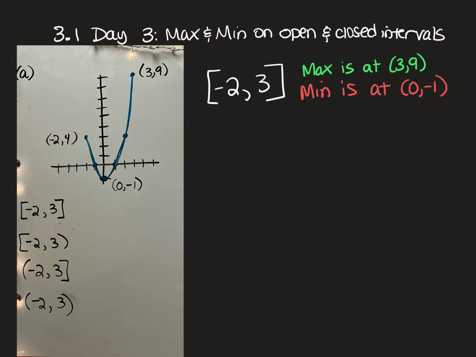Now, if I change my interval just a little bit and make it from -2 to +3, same values, but this time we have a closed circle at x equals -2, but at 3 this is now an open circle. First thing I'm going to look at is what's my maximum.